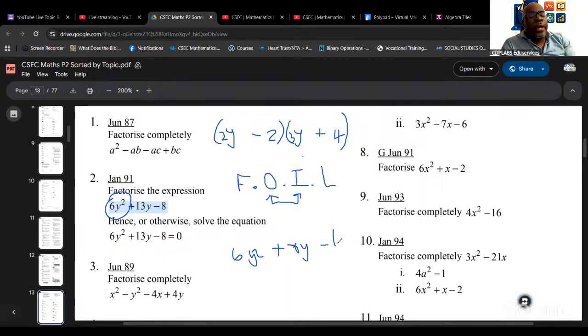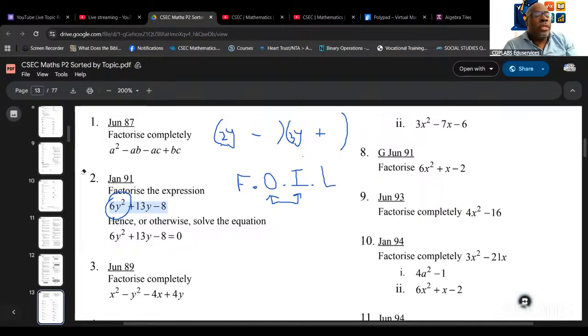Minus 6y. Then the two last ones will give me positive 8. But guess what? We have a problem here. We cannot have a 2 right here, because we already have a 2 here. We have to factorize. So that will not work. So we're just troubleshooting, right? So these two will not work right there.